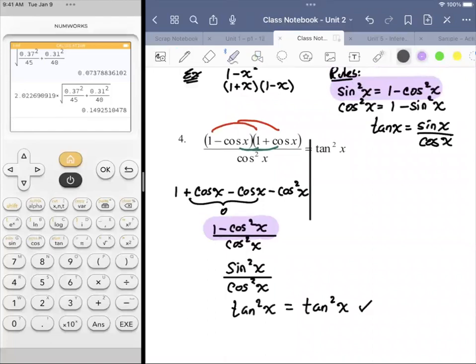So that's like looking at one of the rules that we already know, but in a different way. So maybe it's not tied with number 1. Maybe it's a little trickier, but it's still really one significant trig rule. Whereas questions 2 and 3 had a little bit more going on.